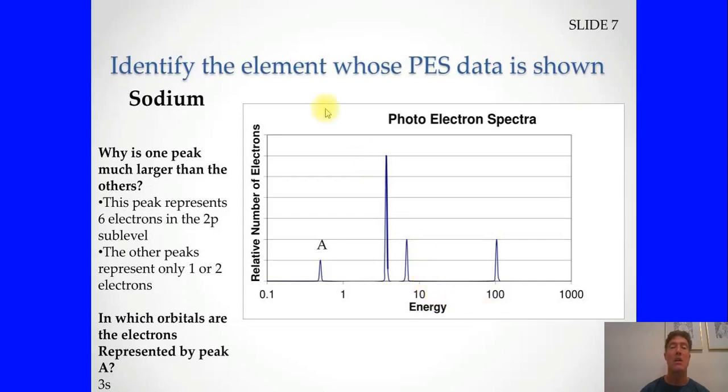So here is an element. This is a PES of an element. We're going to find out that it's sodium, but now be careful when you read this, because sometimes they read low to high and sometimes they're flipped and they read high to low. In this case, it's reading low to high.